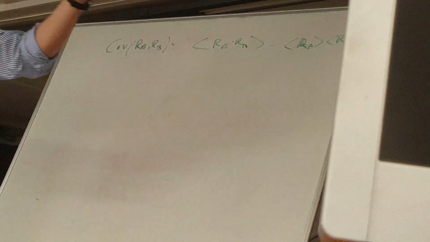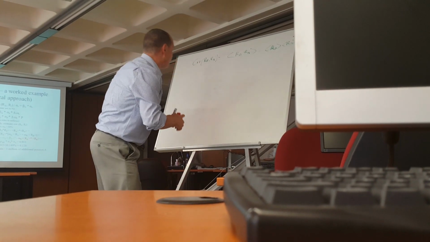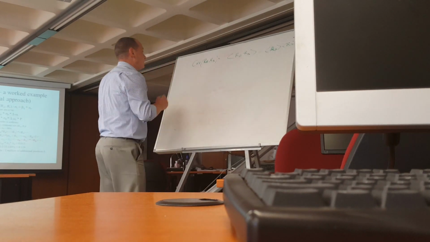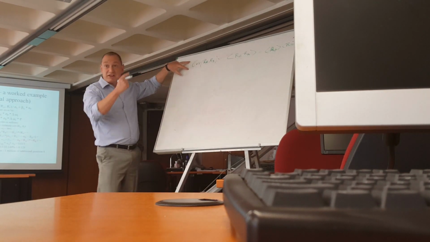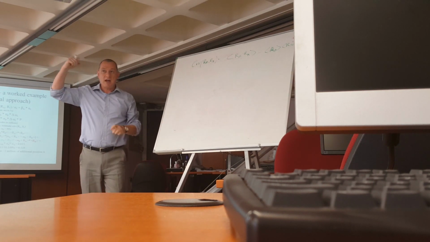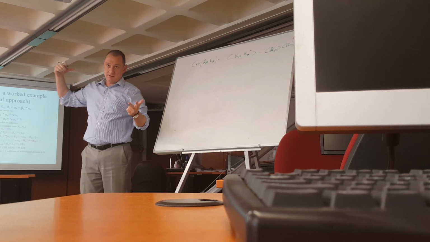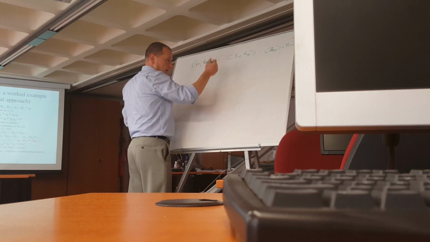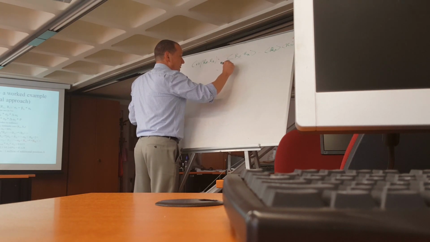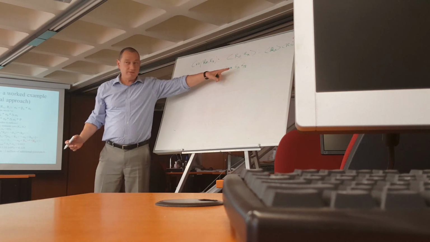This is the definition of covariance. In our case, let me correct this. We don't want RA, RB. We want covariance. And this, by the way, is given. This was given in our problem because we had rho AB, we had sigma A, we had sigma B. This is, by definition, we have this, we have that, we have that, so we have that.